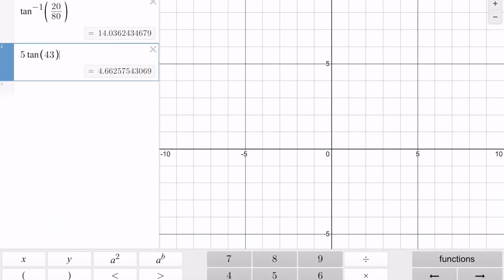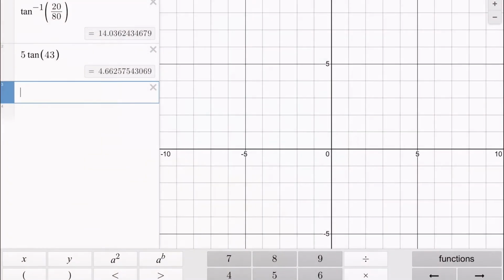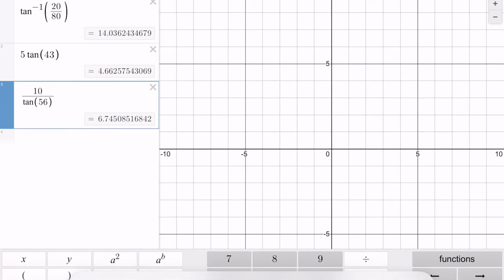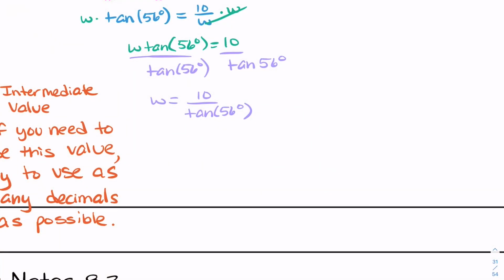So it was what? 10 divided by tangent of 56. And it looks like that's 6.745.